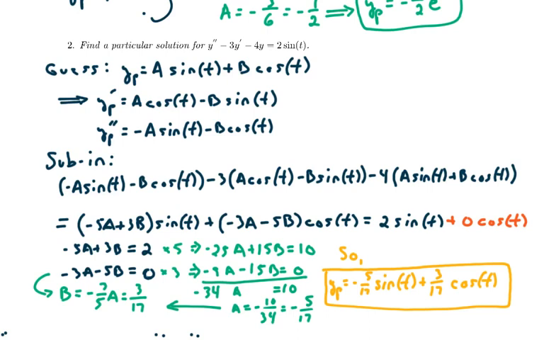That must equal 2 because that's the coefficient of the sine term on the right-hand side, which is my first equation here. And then you have negative 3a minus 5b is the coefficient of cosine on the left-hand side. And you have to set that equal to something, and realizing that there is a cosine on the right, it's just multiplied by 0, indicates what that coefficient must be. And so that is where my second equation here came from.